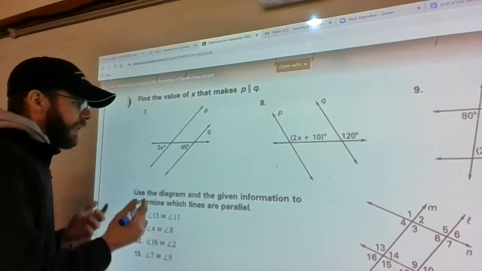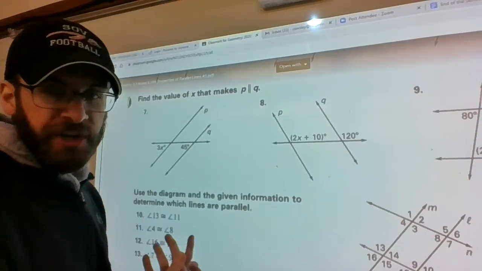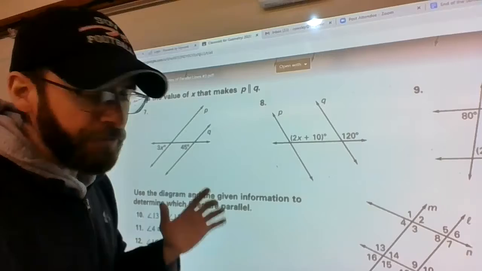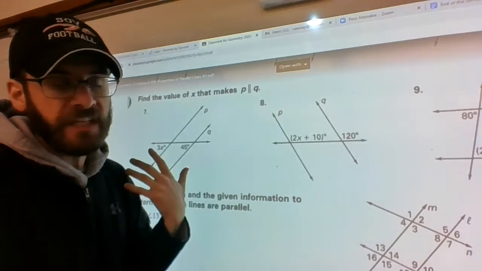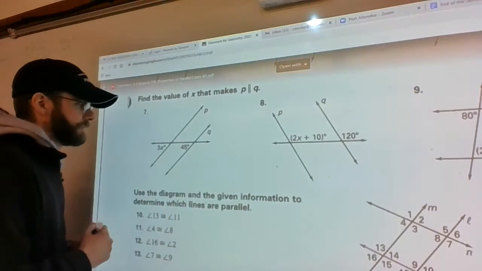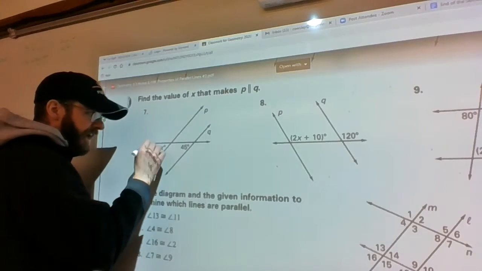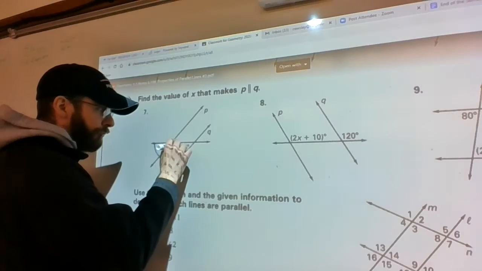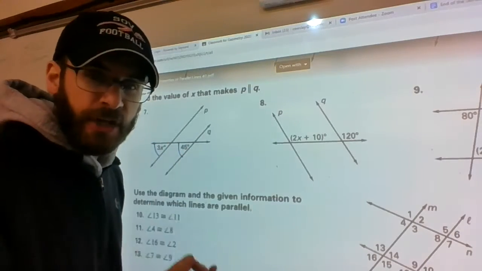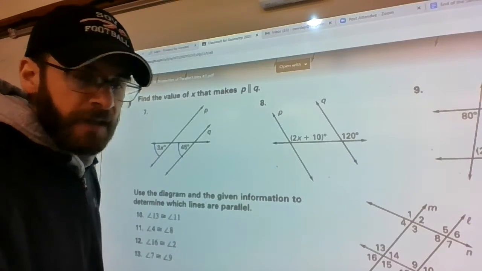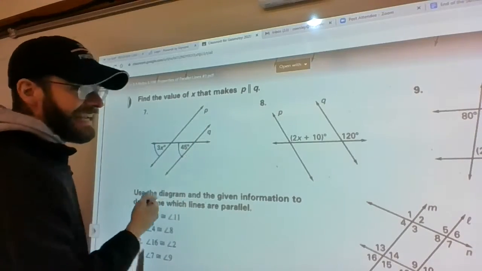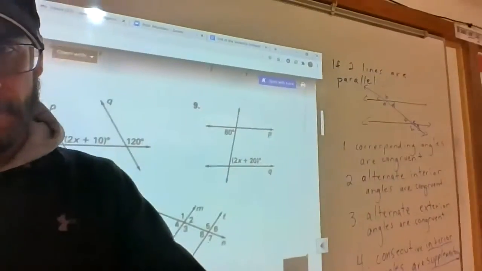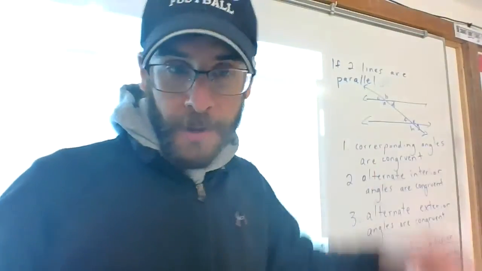So when we look at something like number 7, what equation must we come up with if we're forcing line P and line Q to be parallel? Well, the angle 3x and the angle 45 must be congruent if they are to be parallel, because these are the corresponding angles in this little diagram here, and corresponding angles are congruent.